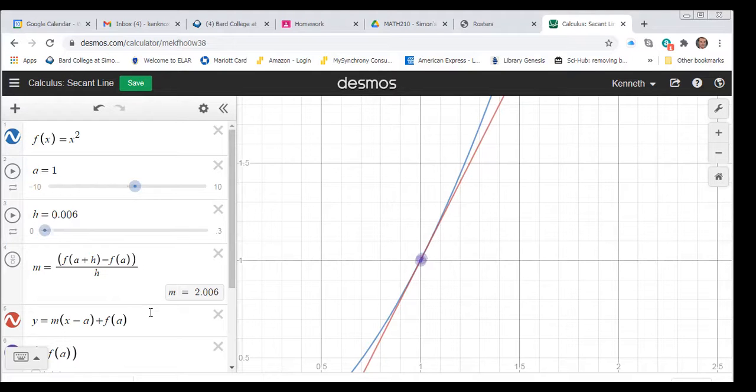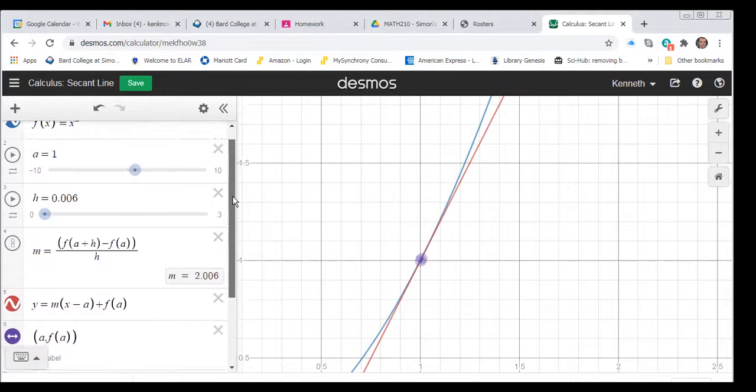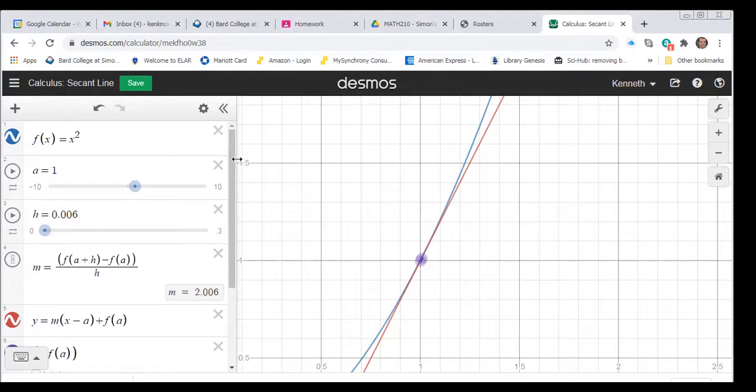And so the instantaneous rate of change at the point x equals 1 is going to be equal to 2. So that's pretty neat. Are there any questions about that?